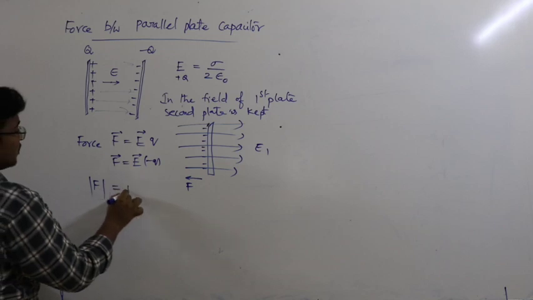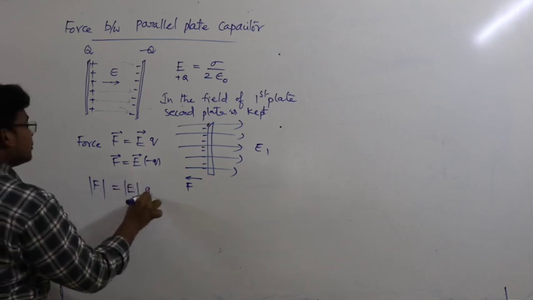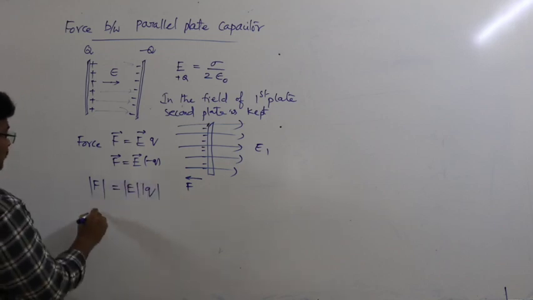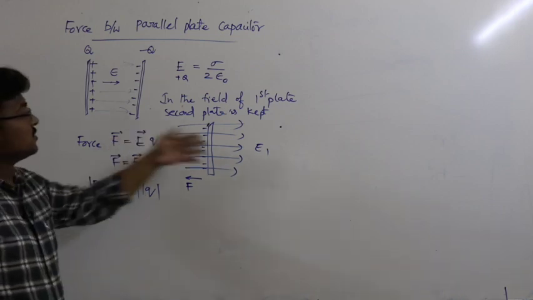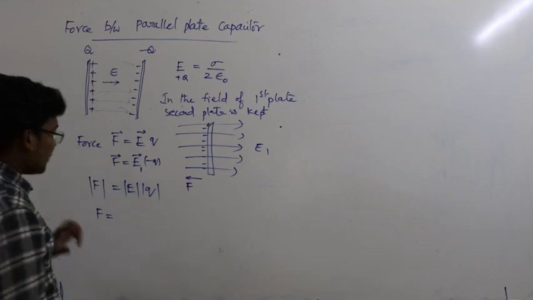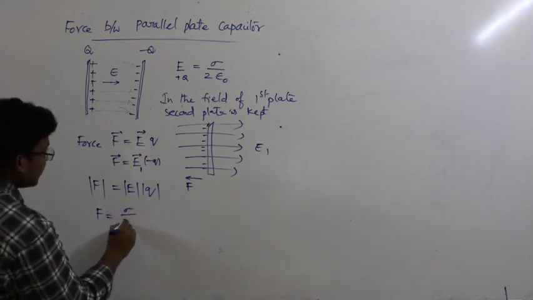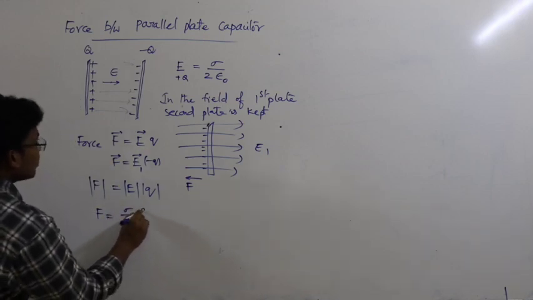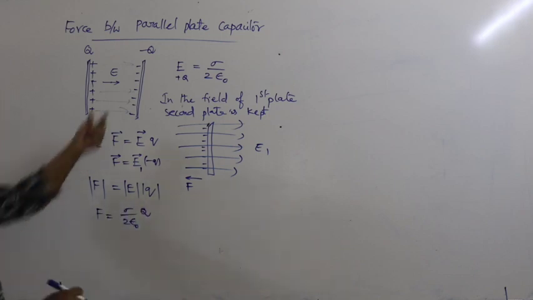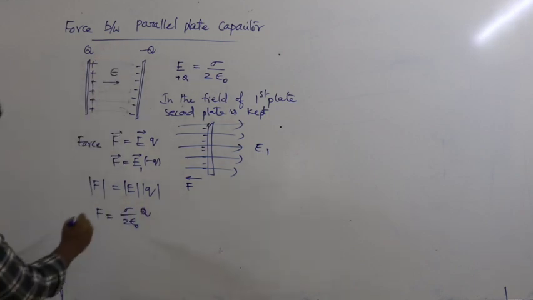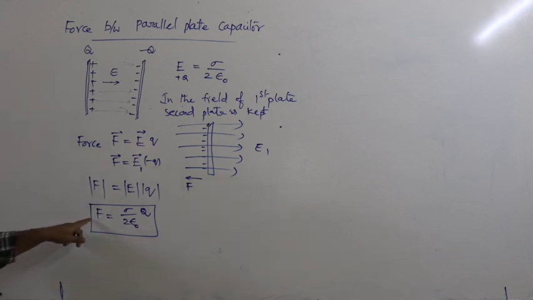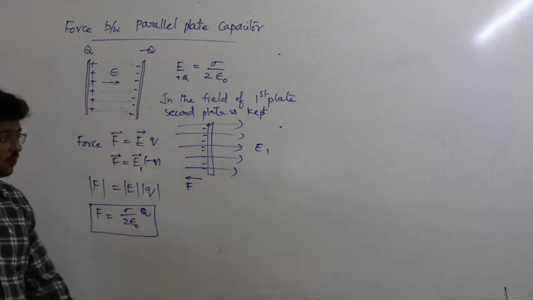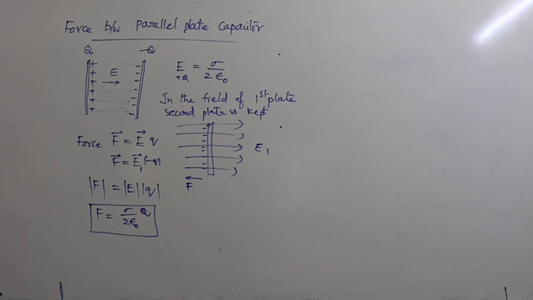Force is equal to electric field into the charge, right? What is the electric field due to the first plate? I already told you, sigma by 2 epsilon naught. The charge magnitude is Q. So this is the force acting on the second plate.